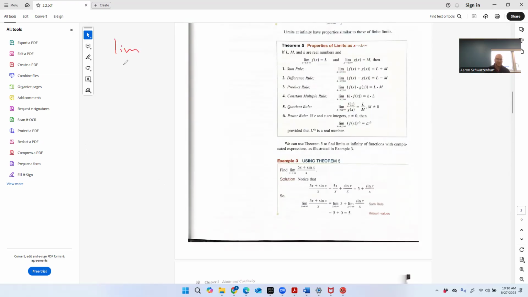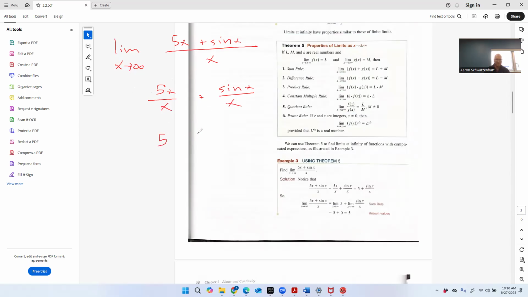Limit as x approaches infinity of 5x plus sine x over x. Well, I can split up my fraction to have this, and really ultimately do the limits separately. I'm not going to write the limit as x approaches infinity.